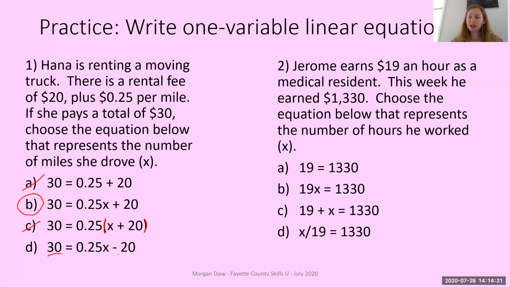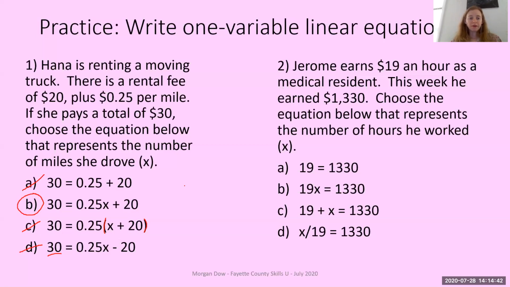But that doesn't really make sense, right? Because your total bill, you don't get to subtract the rental fee in order to calculate your total bill. You have to take your mileage fee and take your rental fee, and you got to combine them together to get the total amount. So choice D is not going to work either.